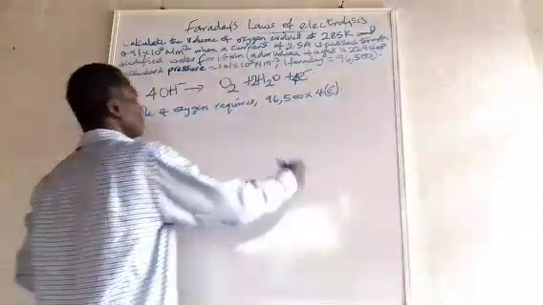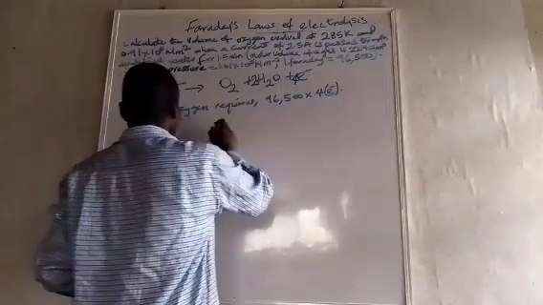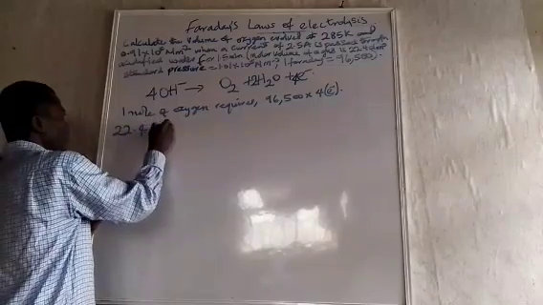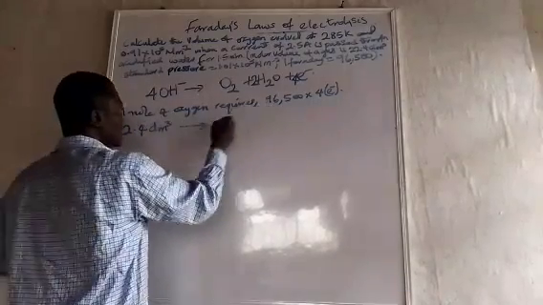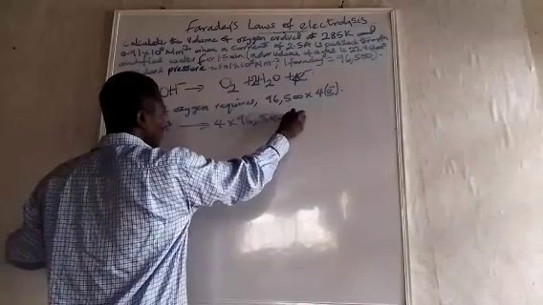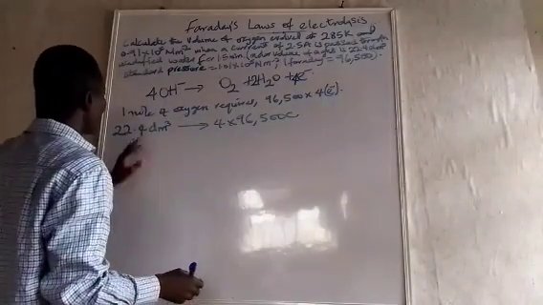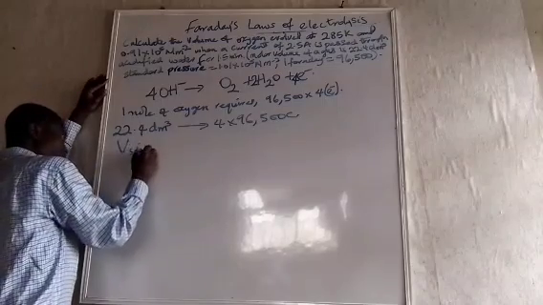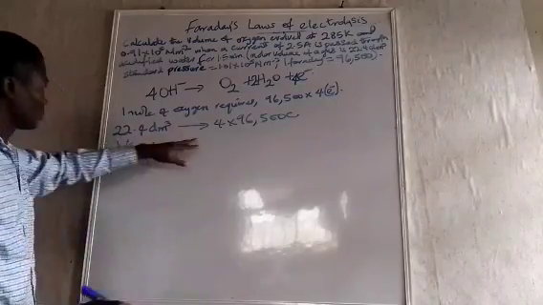So what does that mean? It means that since 1 mole is 22.4 dm3, we need 4 times 96,500 coulomb.